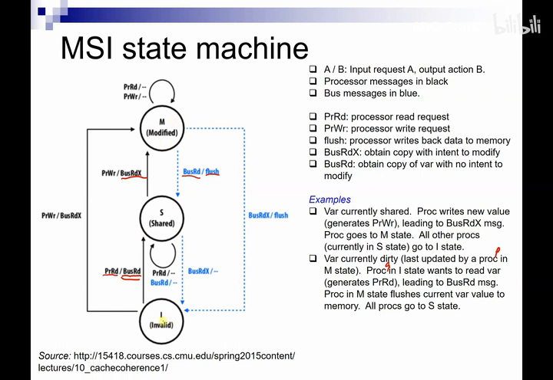This process wants to read, so it sends out this message, which causes the other process to take the current value and put it into memory. Now this invalid process can read the newest version of the value from memory. So after that, it goes into the shared state, and this modified process also goes into the shared state.